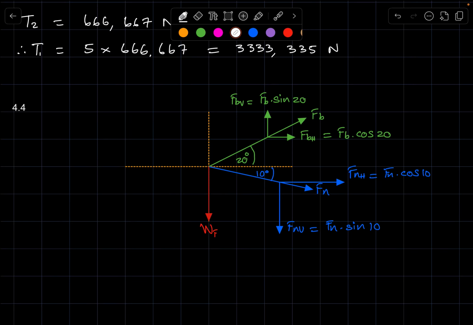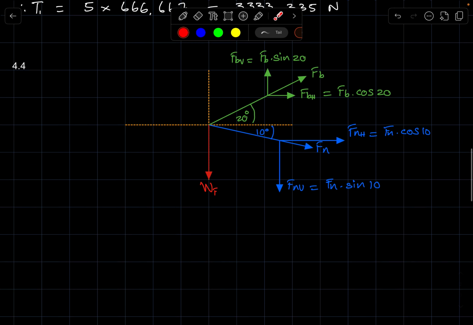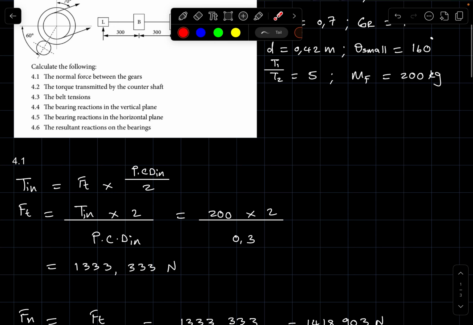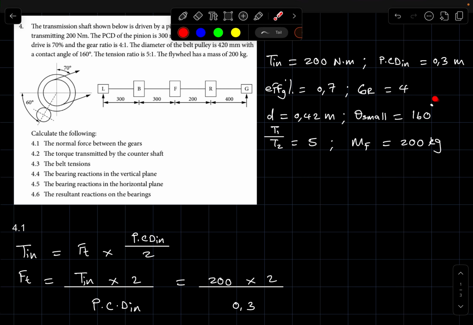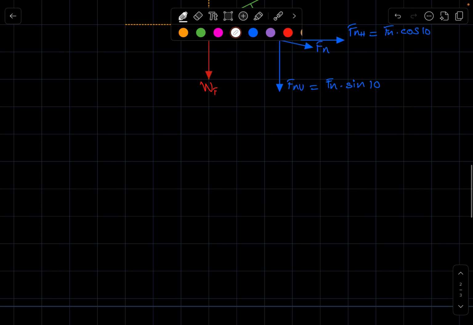Right. Now starting with the belt force. Remember, with the belt force, we have to consider the angle of contact. Our angle of contact is 160, which is less than 180, which means to calculate alpha, right, we are going to use the expression of how to calculate the angle of contact for a small pulley.